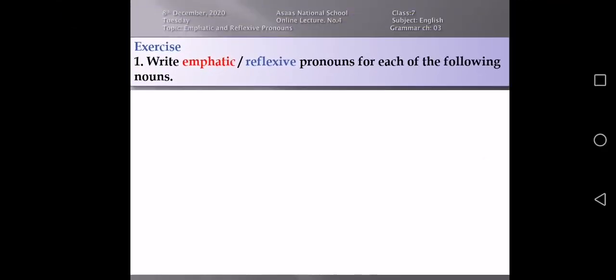Let's solve some parts of your exercise 1, emphatic or reflexive pronouns. Write emphatic or reflexive pronouns for each of the following nouns. My uncle. Before you write the emphatic or reflexive pronoun, you need to understand which pronoun you will use for my uncle. My uncle takes the pronoun he.